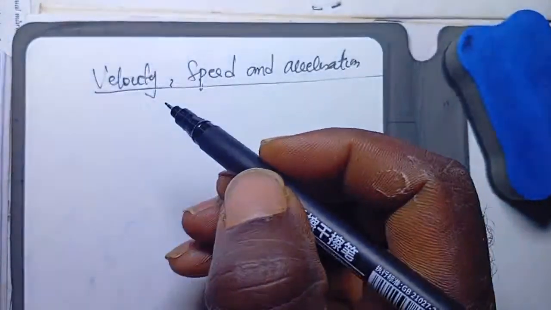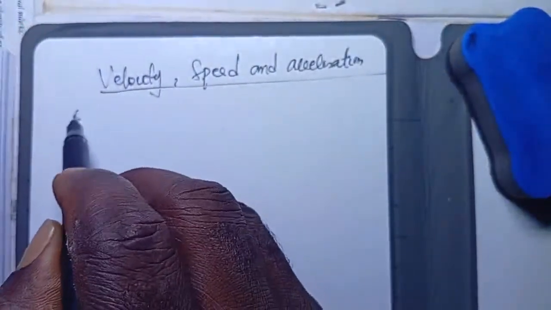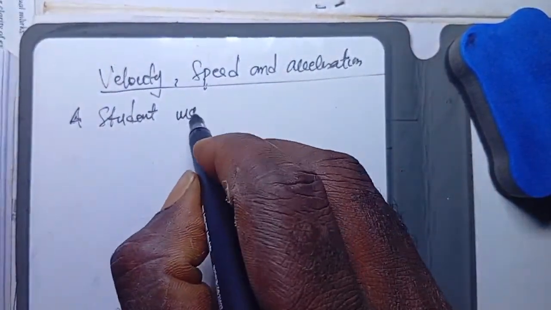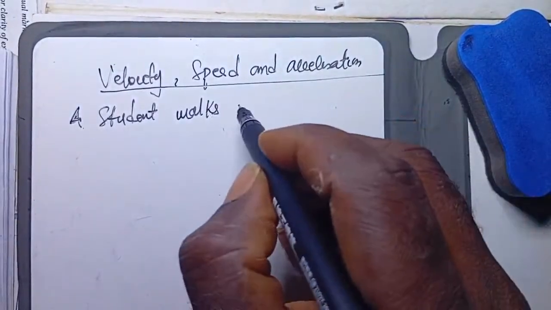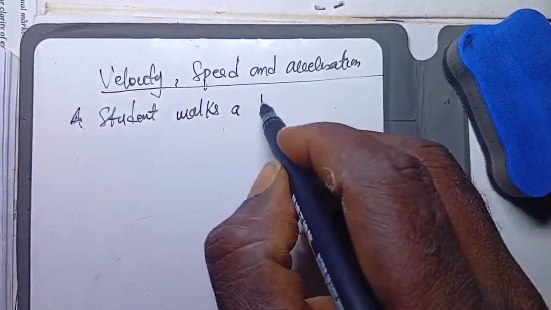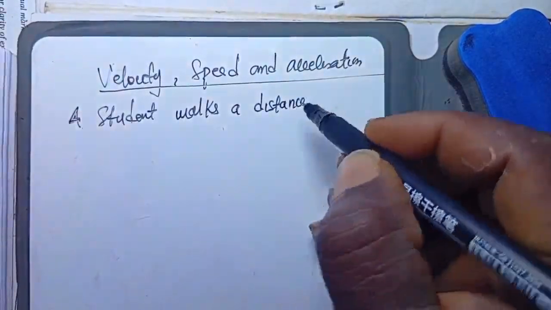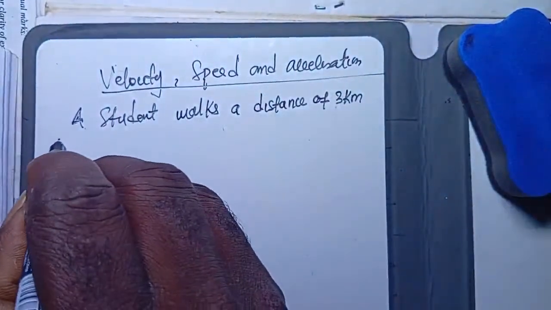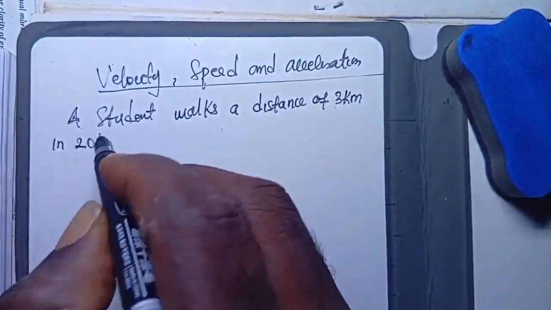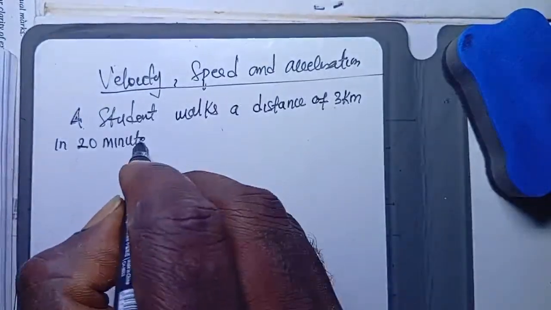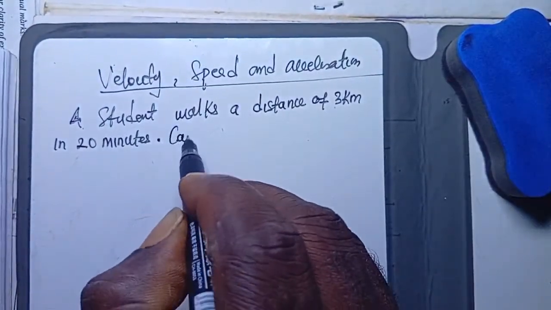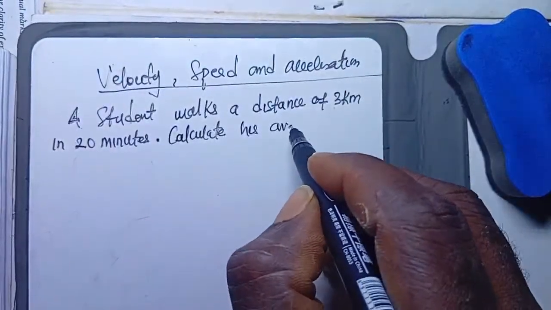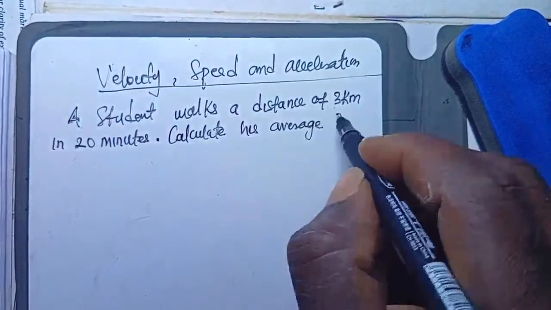So let's discuss the first example, which is: a student walks a distance of 3 kilometers in 20 minutes. Calculate its average speed.